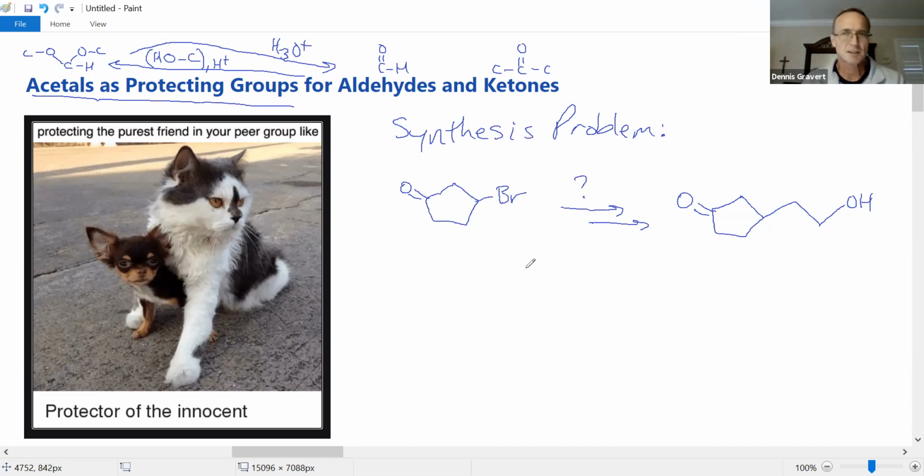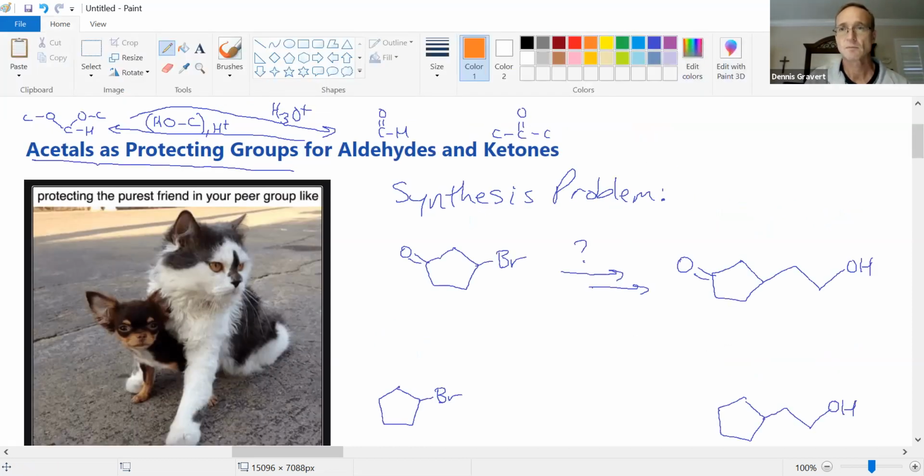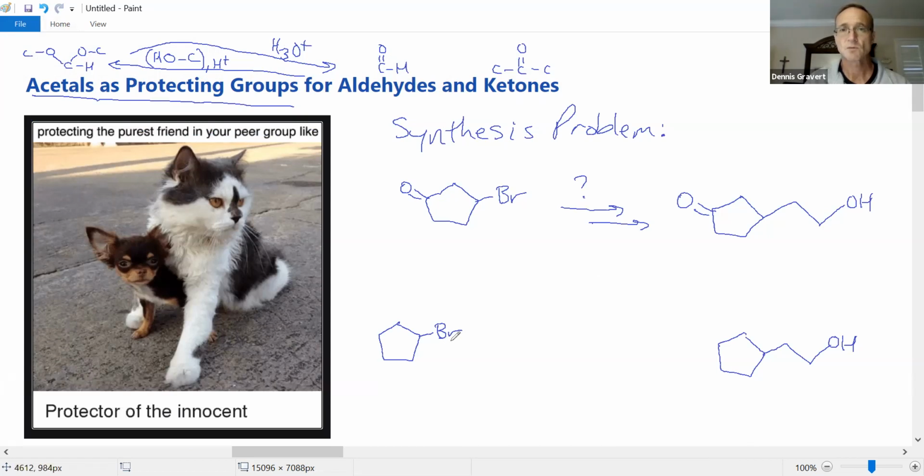It takes a little bit of thinking. But if we start with the case where there's no ketone, it's actually pretty straightforward. The trick is to see what's been added or what's different. So we want to take away this group and put on this group.